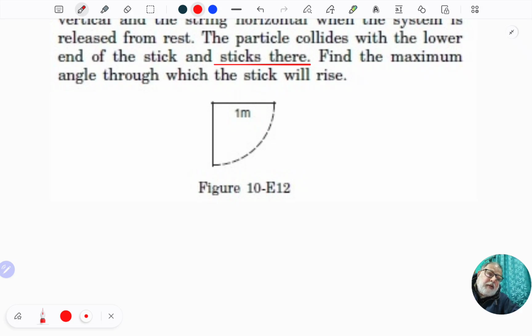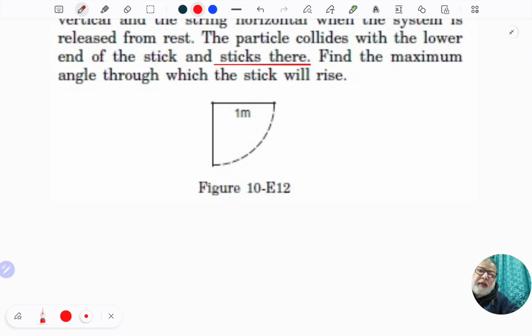That we must very clearly understand. That it is a question where we can apply only the principle of conservation of angular momentum during collision about an axis passing through the pivot.